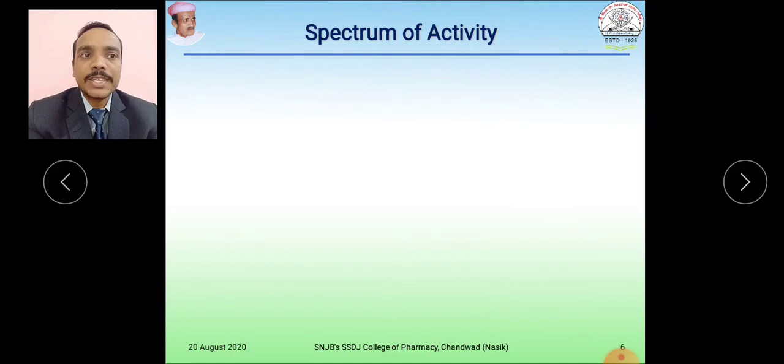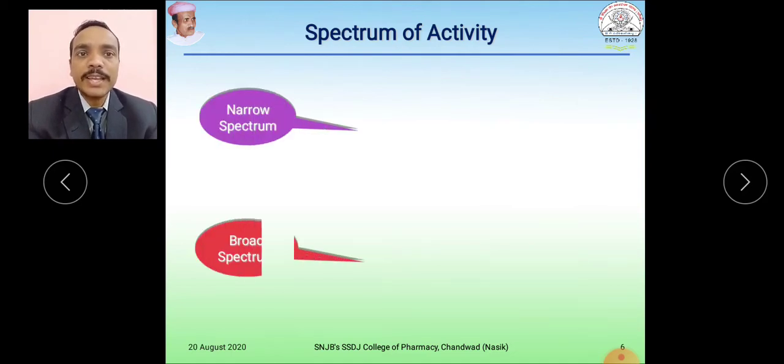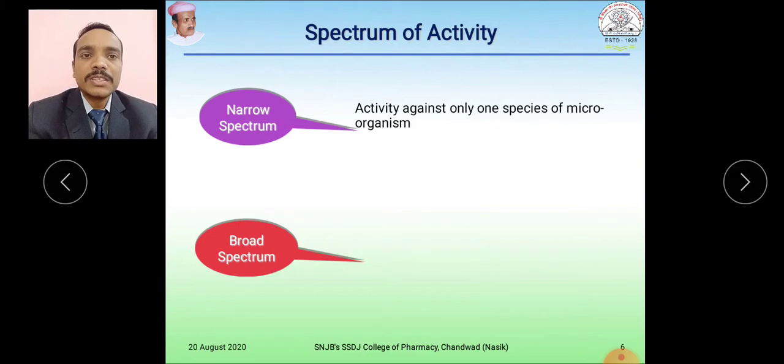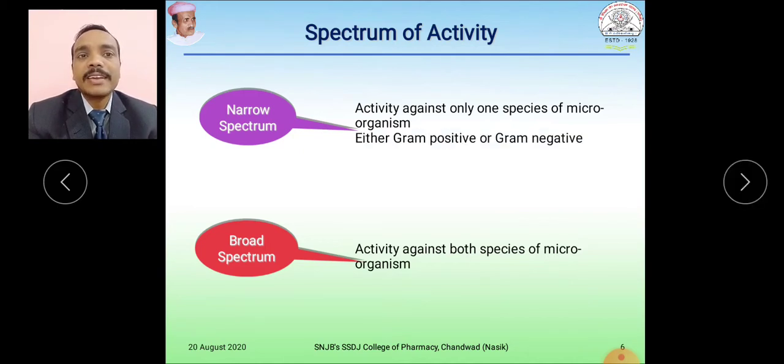Next, spectrum of activity. Antibiotics are classified as narrow spectrum as well as broad spectrum. What is meant by a narrow spectrum antibiotic? It has activity against only one species of microorganism, while broad spectrum means they act against both species. One species means they act on either only gram positive or only gram negative.